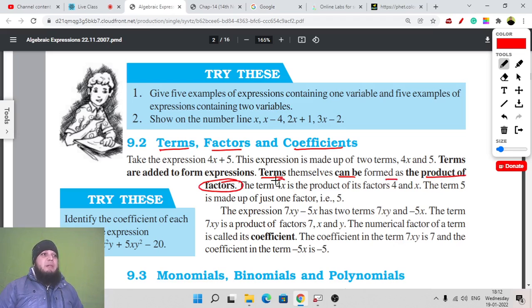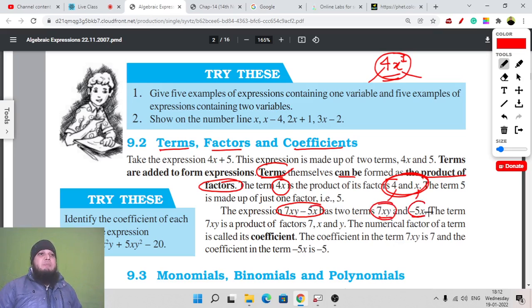For example, 4x is a term consisting of a constant and a variable with power 1. So the terms can be made by multiplying 4 and x. Now the expression 7xy minus 5x has two terms: one is 7xy and one is minus 5x.